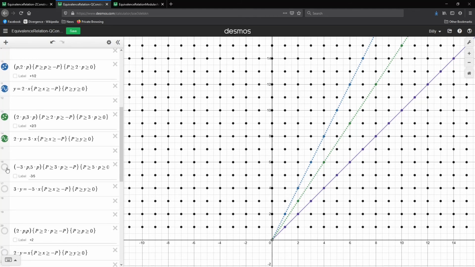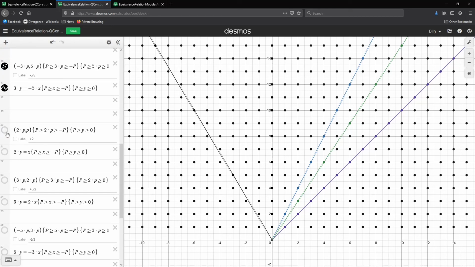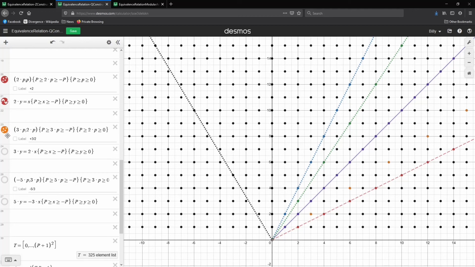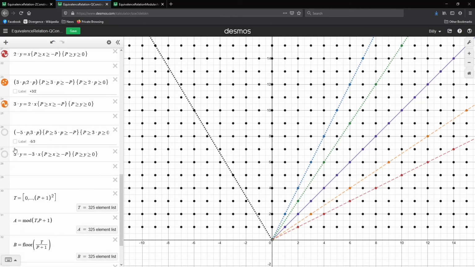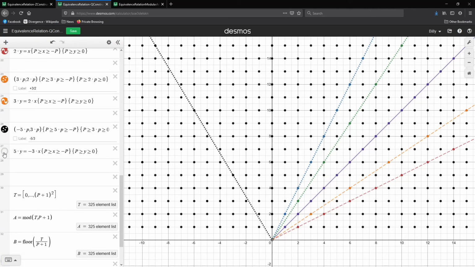Everything equivalent to (-3, 5) is all of these points right here. Everything equivalent to (2, 1) is all of these points right here. (3, 2), all of these points right here. (-5, 3), all of these points along this line right here, and so on and so forth.